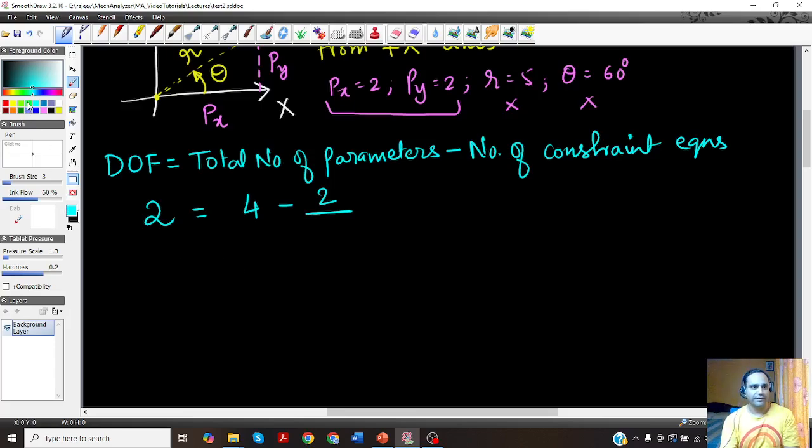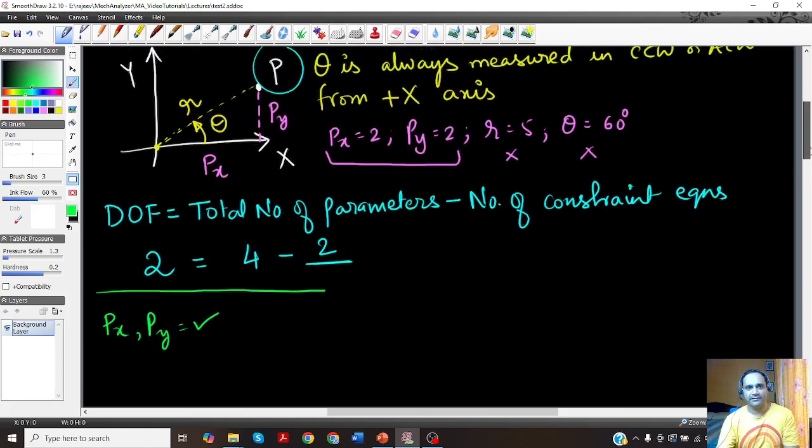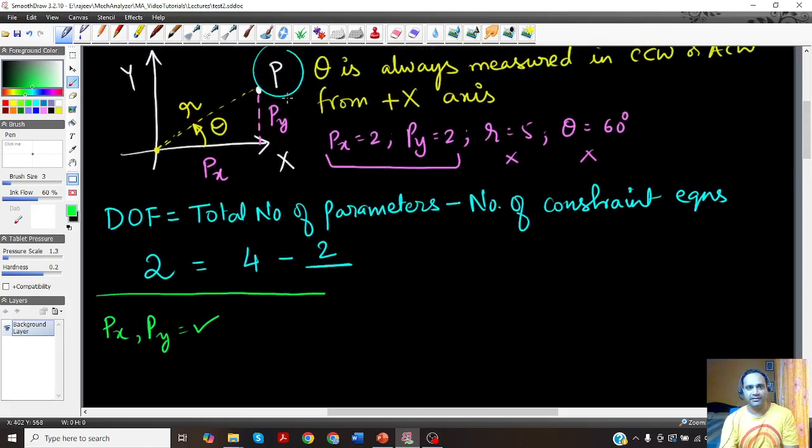Okay, so very quickly let me demonstrate this. If the values of px and py are given, now if you look at this right angle triangle, will you be able to find the value of r? R will be square root of px square plus py square.